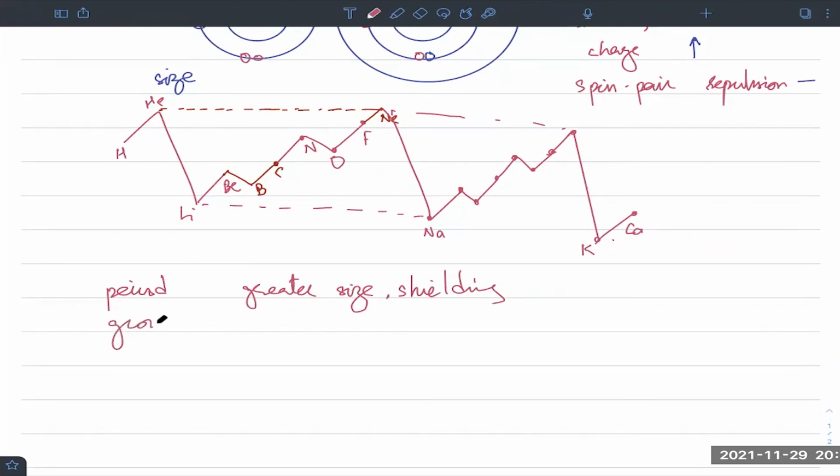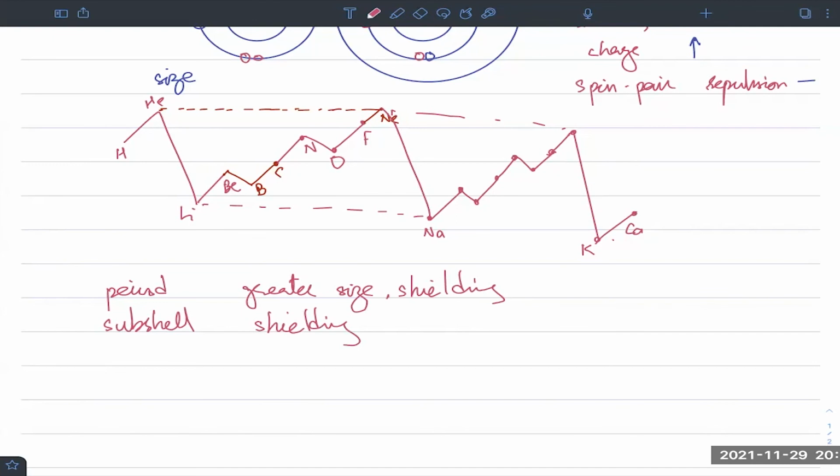When you change a group, अब उसमें डिपेंड करता है कि किस ग्रुप की बात कर रहे हैं आप. So when you change a subshell, the decisive factor is shielding, so decrease करेगा.